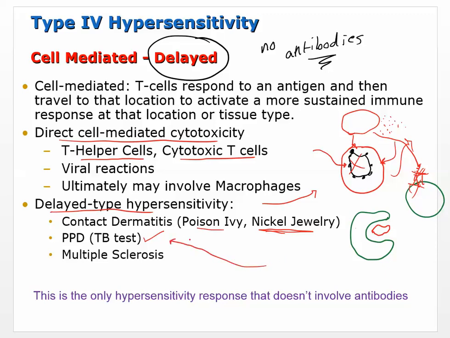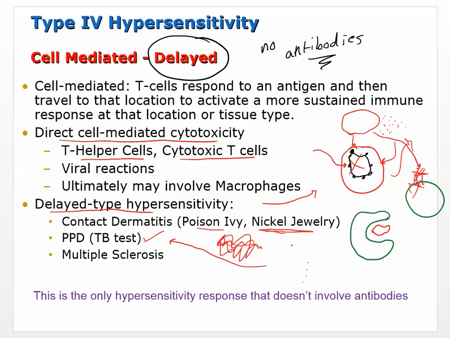And if they're responsive to it, they move in and they will cause that secondary type of response, that inflammatory response. MS, so this is a case where you have myelin cells that are surrounding neurons that, for whatever reason, have an antigen on them that the body recognizes.